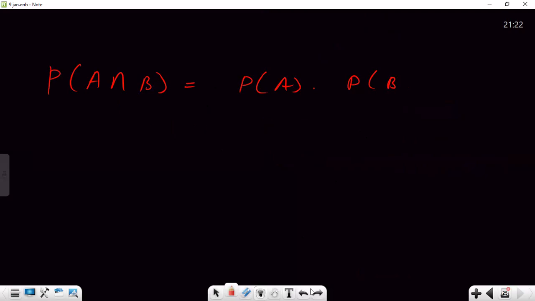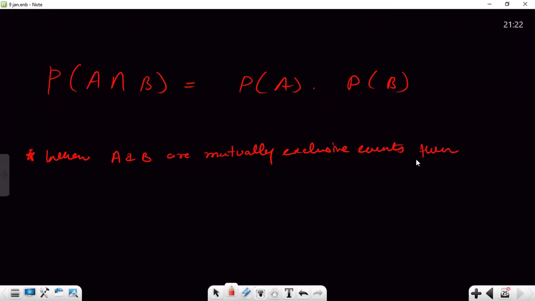Also keep one more important thing in mind: when A and B are mutually exclusive events, the probability of events A and B happening simultaneously is 0. Why? Because they are disjoint sets, disjoint events.